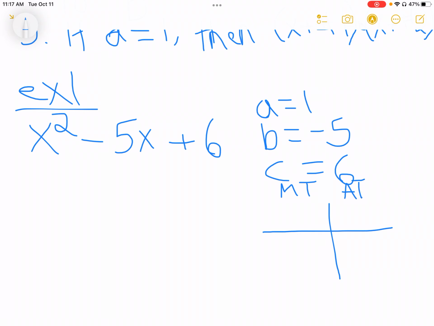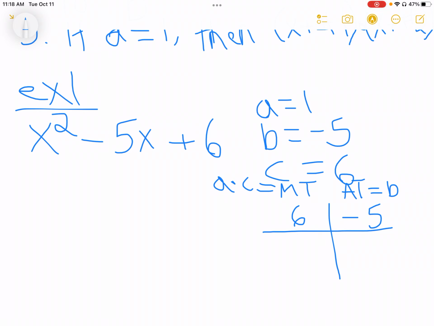So a times c in this case is just going to be 6. My 6 goes here on my t-chart, and adds to is my b term, so I'll put minus 5 here. Can you think of two numbers that multiply to 6 but also add to minus 5?